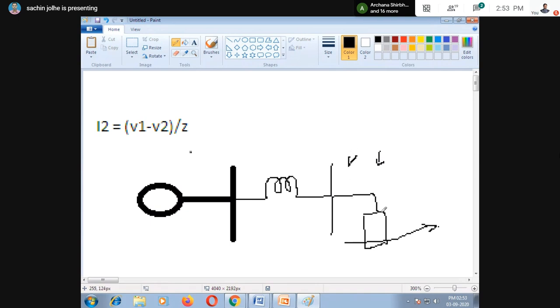Why is it going to decrease? As we are increasing the load, it demands more power to be connected there, and if the generator cannot supply that power, then the voltage is going to decrease.